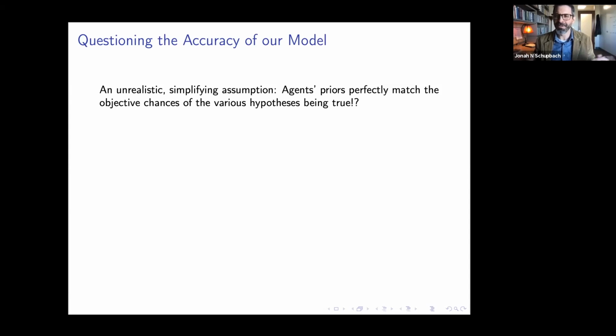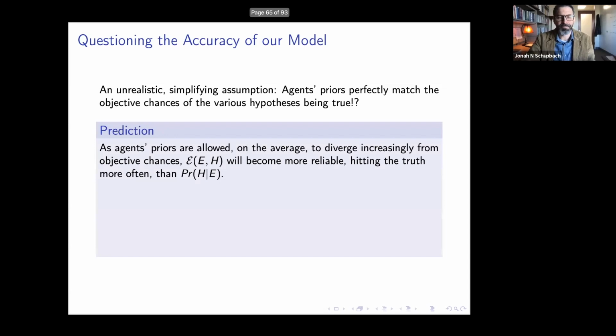But that's just to assume that agents' priors are perfectly accurate. That's just wrong. There could be situations like this where we're applying something like the principle to calibrate our subjective priors. But in general, this is just an inaccurate model.